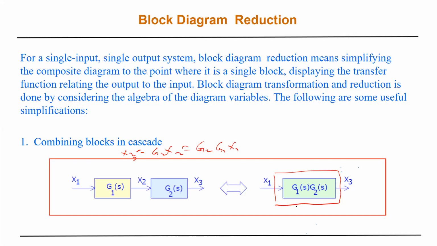G2 times G1 does not necessarily equal G1, G2. It is not always true. It could be true, but not always. So we have to be careful. But for single input, single output, if you put G2, G1 or G1, G2, it doesn't make any difference. Okay?